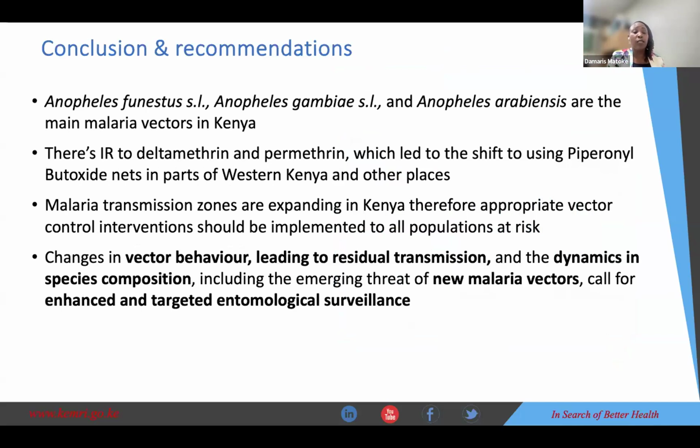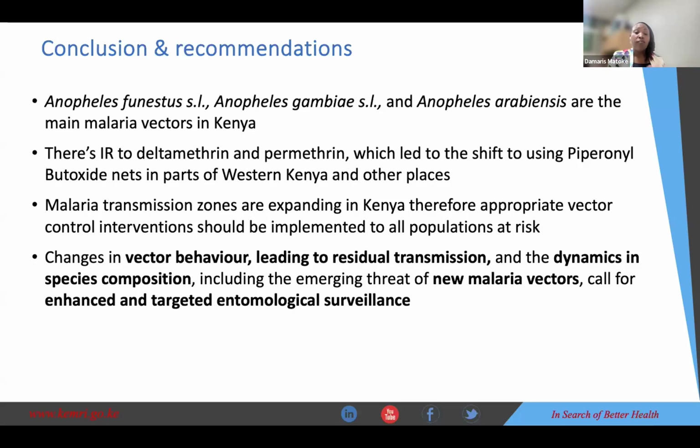In the country, there's a lot of insecticide resistance towards most of the pyrethroids. And therefore, this led to the shift to the use of PBO nets in Western Kenya, and also an increase of IRS in parts of the country.